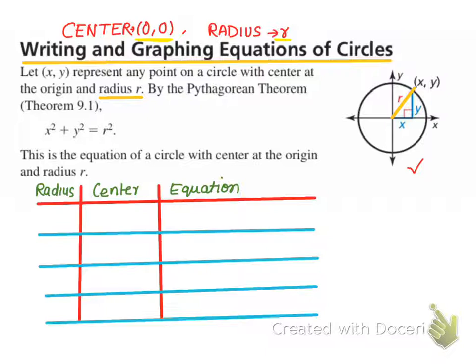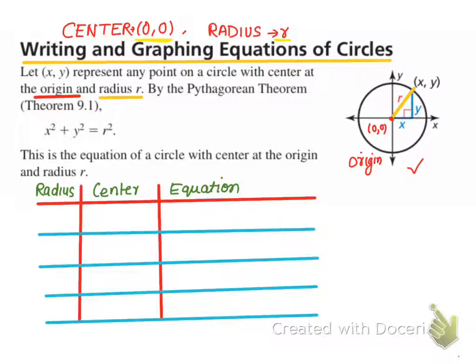In this case, our center is here, at 0, 0, which you call the origin.